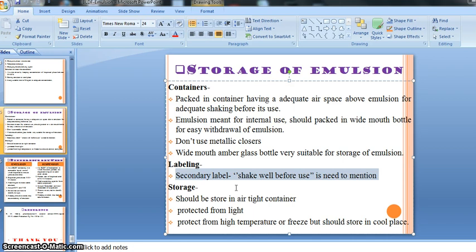Then storage. It should be stored in an airtight container.